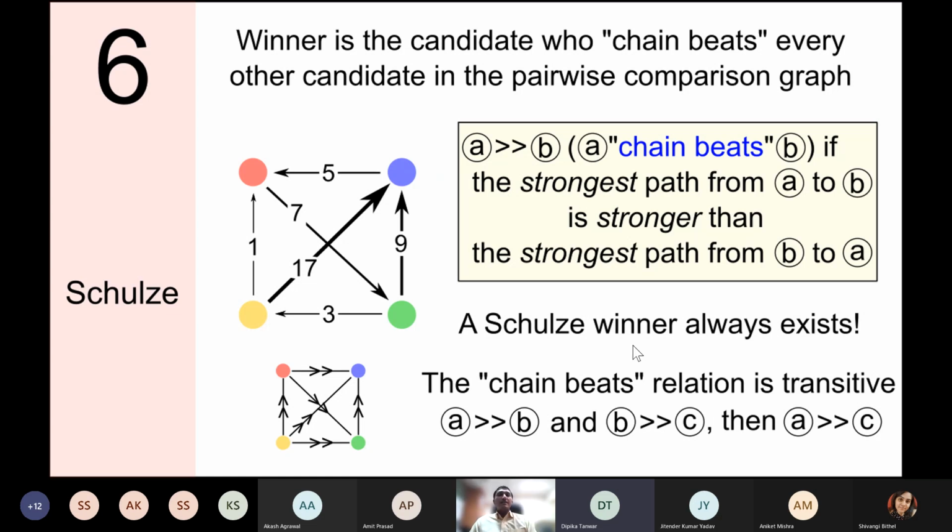There always exists a candidate that chain beats everyone else, and by this definition, that would be a Schulze winner. So it's a very roundabout, very complicated definition, but such a winner always exists. This is a nice thing to have. Plus, this rule also satisfies the Condorcet criterion. Whenever there exists a Condorcet winner, Schulze will pick it.